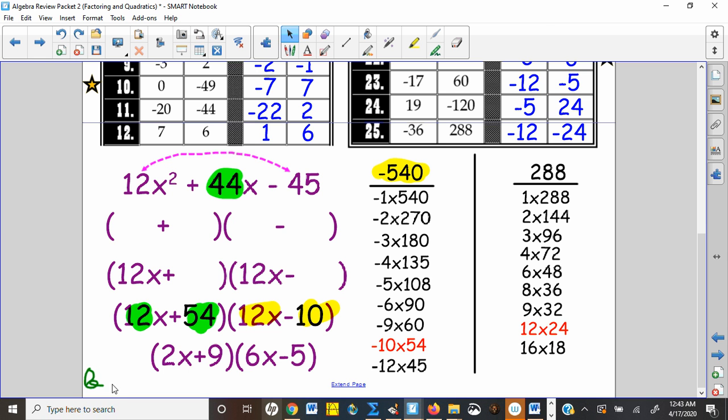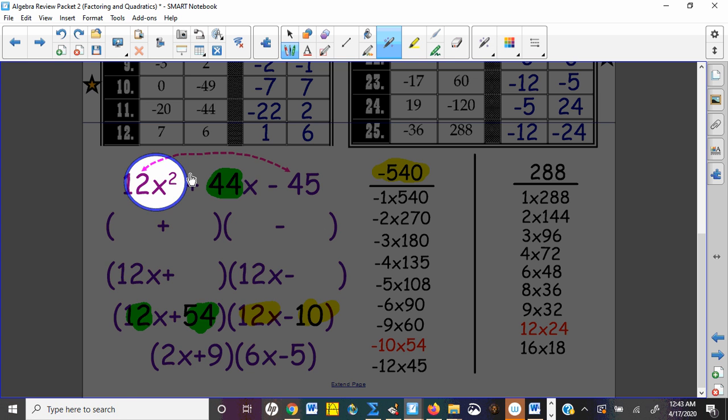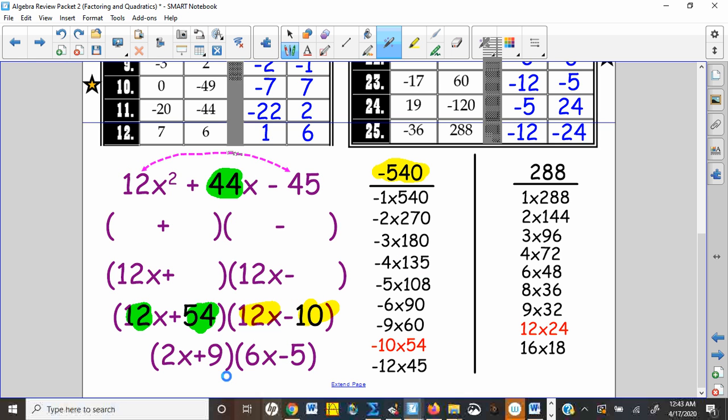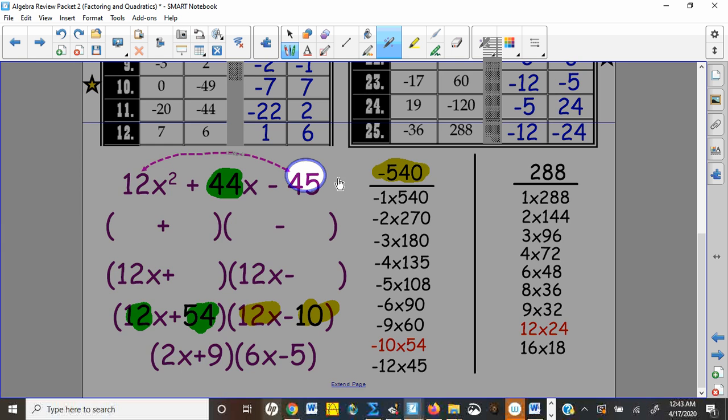Do you remember what we put in extra at the beginning? We put in 2 12s, so one of those 12s was extra. So we just fixed that extra 12 right now. But look what's left over, and look how it works. 2x times 6x, 12x squared. Bam. 9 times negative 5, negative 45.